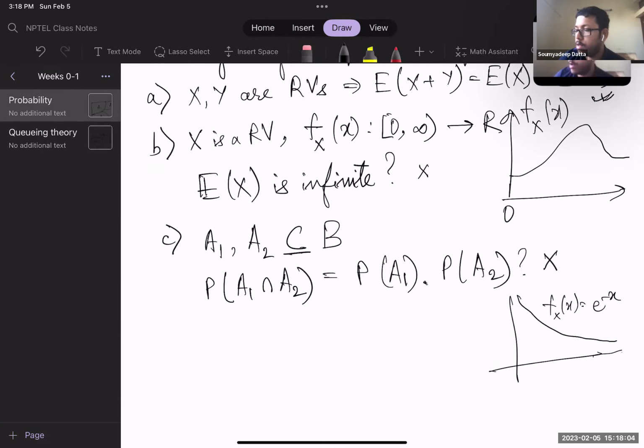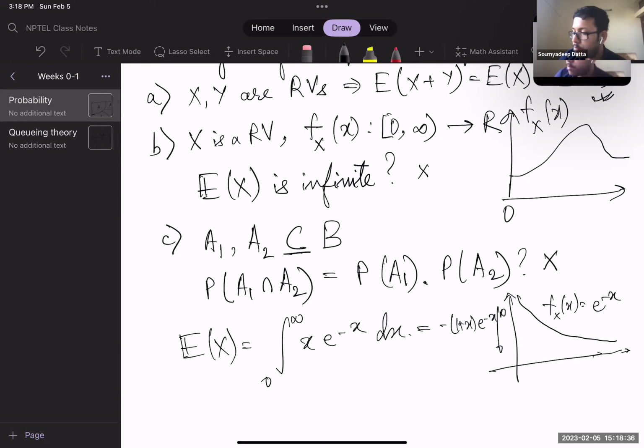From 0 to infinity. But if you compute the expectation of x, let's quickly do it. It's the integral of x e to the power minus x dx from 0 to infinity. It will come out to be some finite value always. The integration is probably something like minus 1 plus x times e to the power minus x, from 0 to infinity.